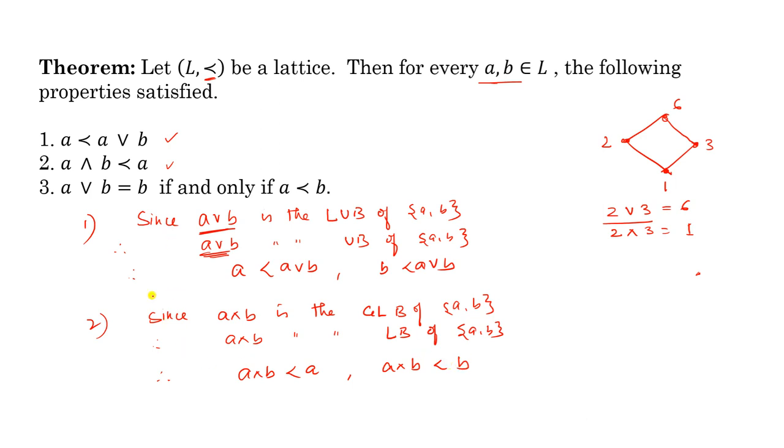In this way you can prove these first two results. Now you can use these two results for proving other identities like the third, because A precedes A or B and A and B precedes A are directly from the definition of least upper bound and greatest lower bound.